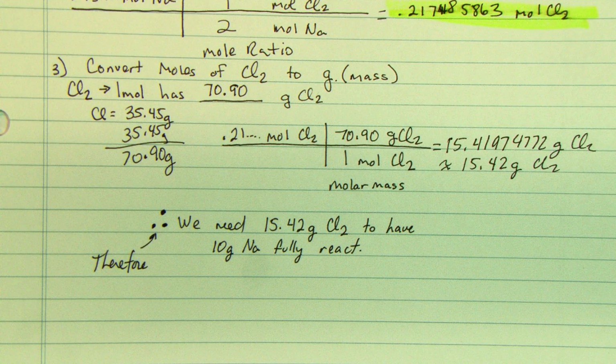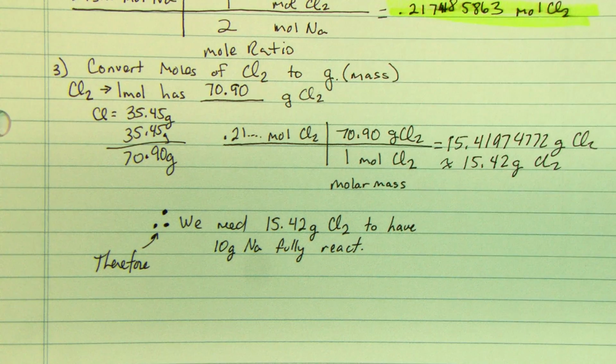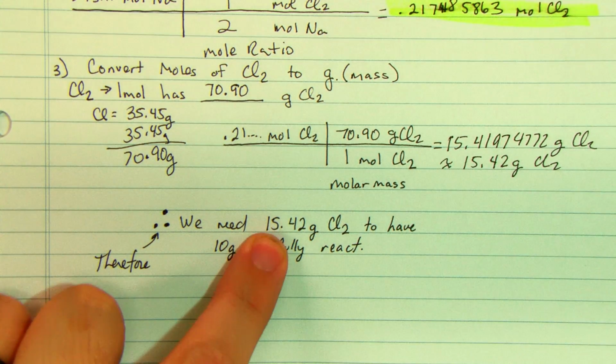And so in a big picture business sense, you need to know this stuff in order to make the reactions actually work. But also, if I just put 10 grams of sodium in with 10 grams of chlorine, it's not going to react as much. You're not going to get as much product out of that, because I need at least this amount of Cl2 to make that 10 grams fully react.